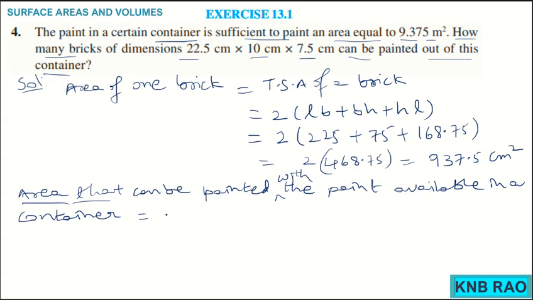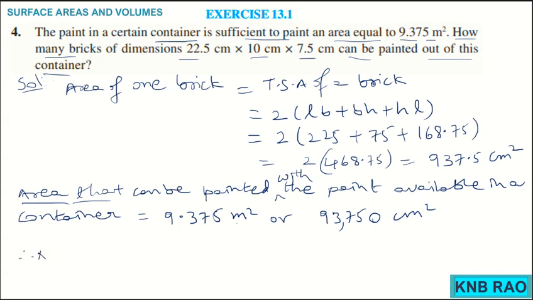They gave 9.375 meter square, or you can say 93,750 centimeter square. How has it come? 1 meter square equals 10,000 centimeter square. If I multiply 9.375 by 10,000, it removes 3 decimal places and gives one more 0. So, 93,750 centimeter square is that area.